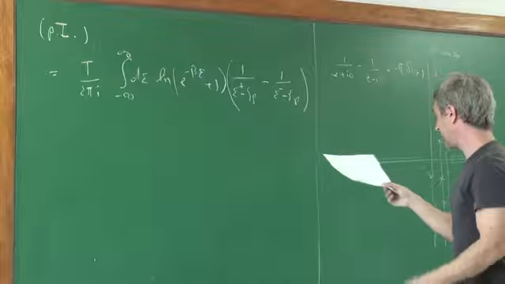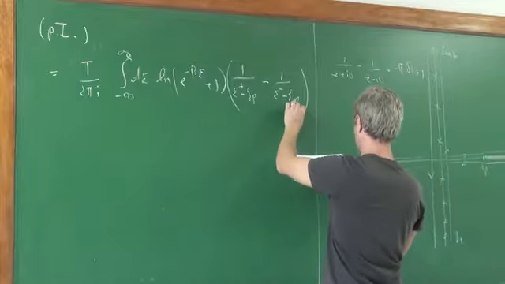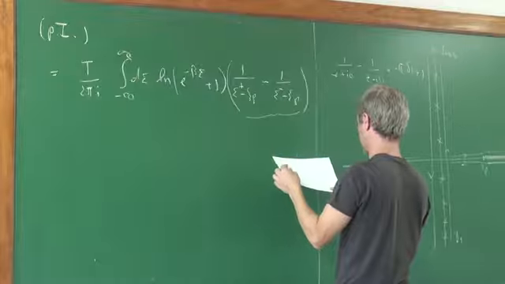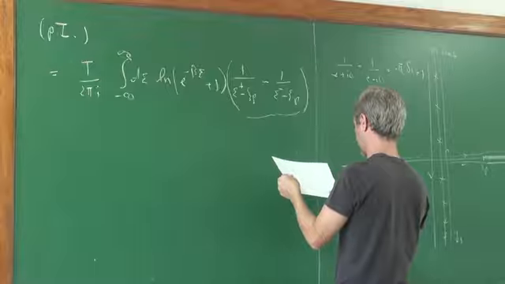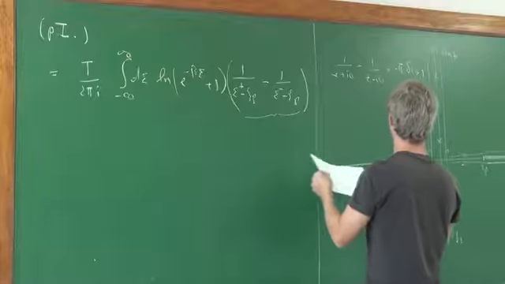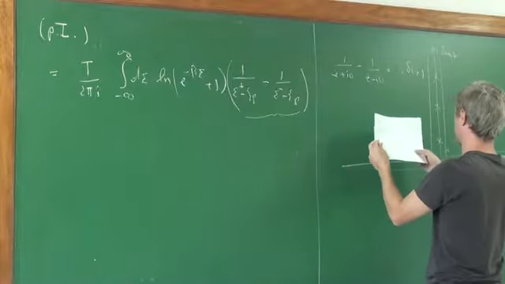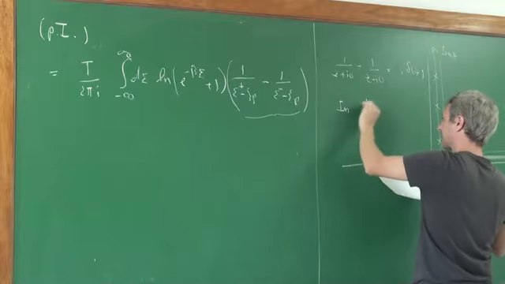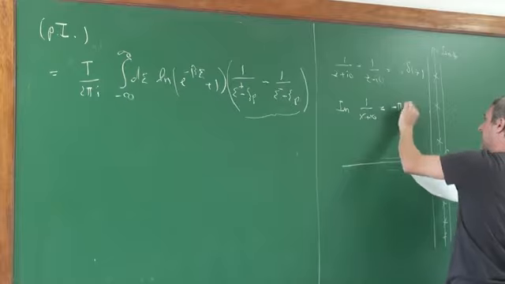So this here will give us, wait, this is the imaginary part of this one, so the imaginary part of 1 over x plus i0 gives you the minus pi delta x.